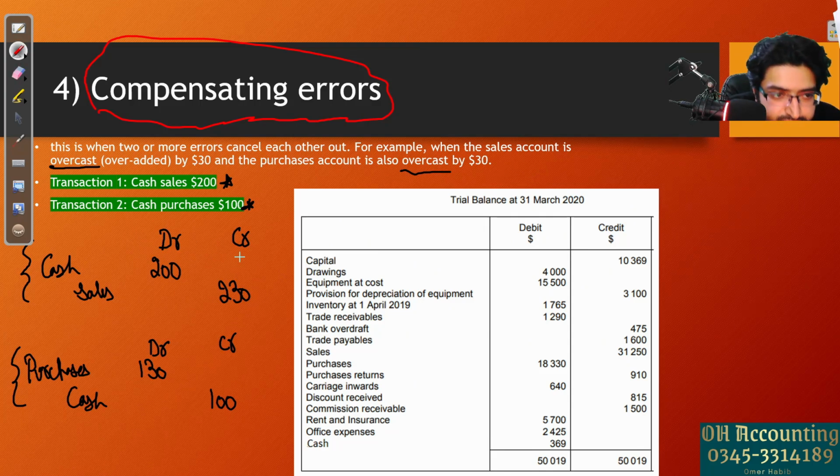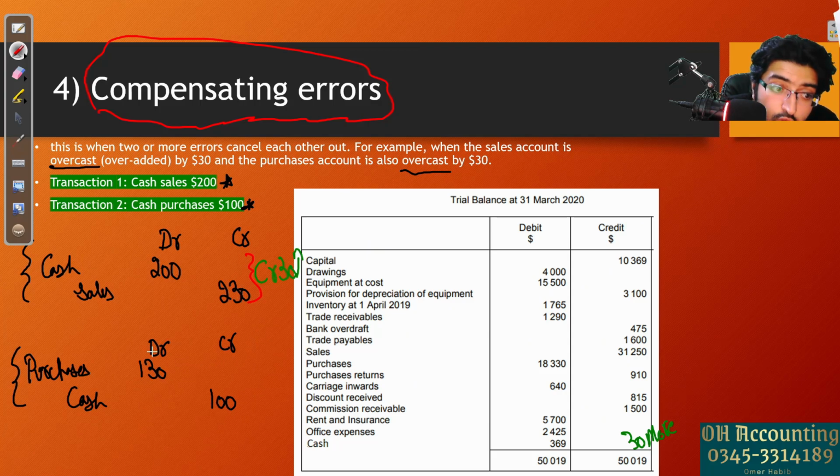How? See, when we made error in this, one second, let me change the color. Okay, the credit side, you know the rule of accounting, for every transaction the debit side should be equal to the credit side. In this case it is not. The credit side is heavier by 30. So due to this error, the credit side should have been 30 more than the debit side, right?